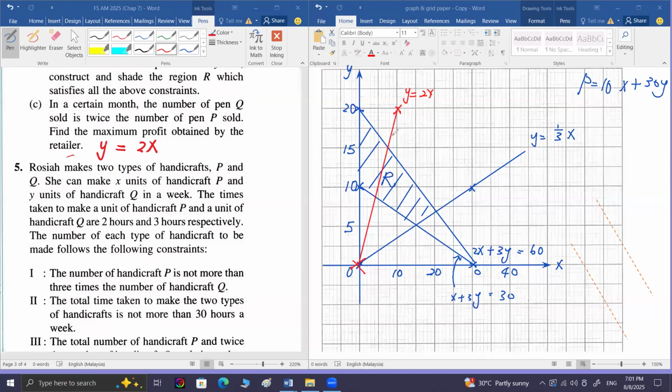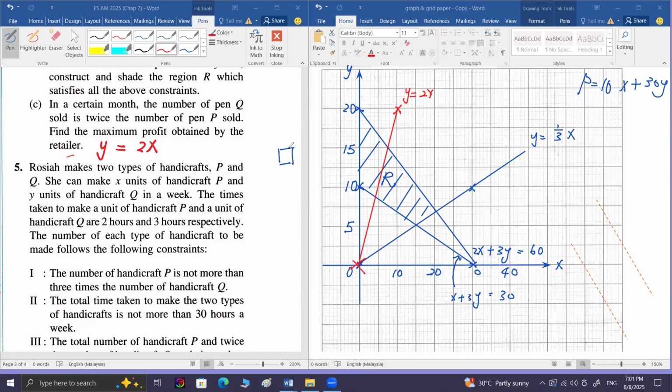So from the red line there, although the maximum is here, we are not using this point. Why? Because the x that we get is not a whole number. When I draw from here, I can see the point is not on the vertex of the small grid.